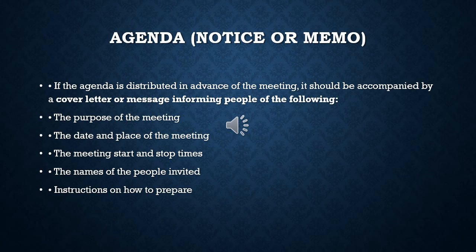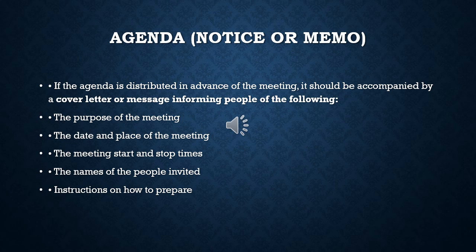So, agenda, notice or memo. A memo is a short notice that you send within the organization in order to inform the members of the meetings, or inform anyone about any notification. If you are sending the agenda, what things should be in that message or cover letter? The purpose of the meeting, the date and place of the meeting, the starting and end point.